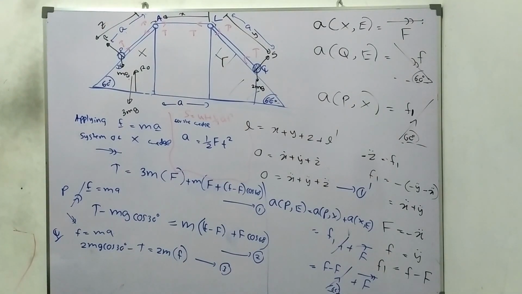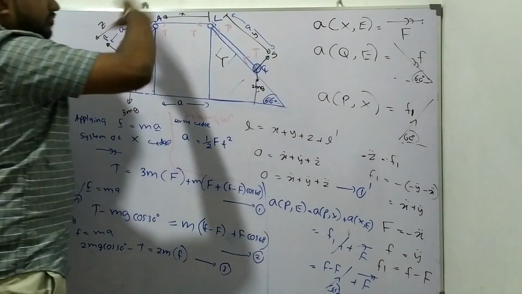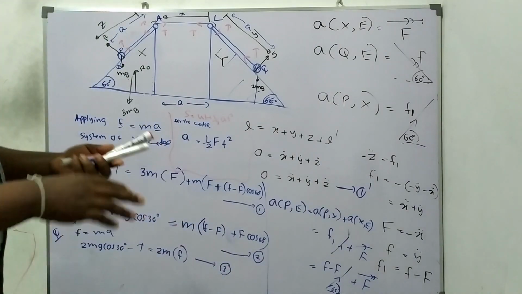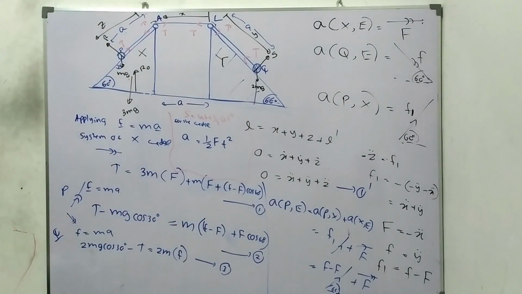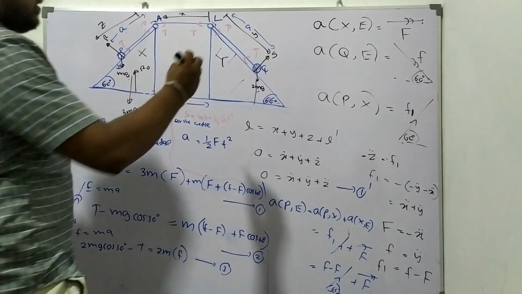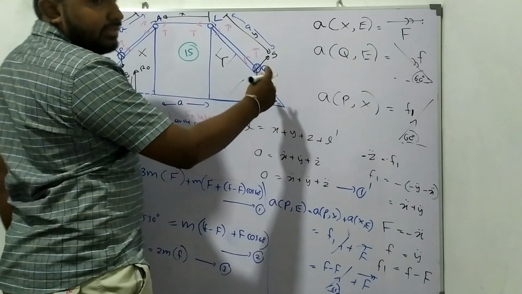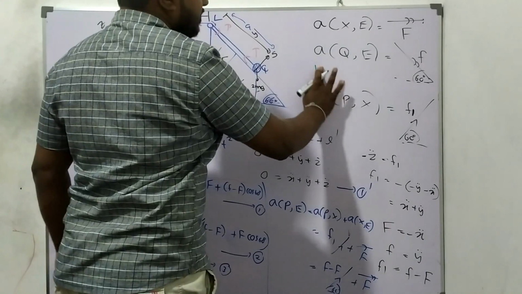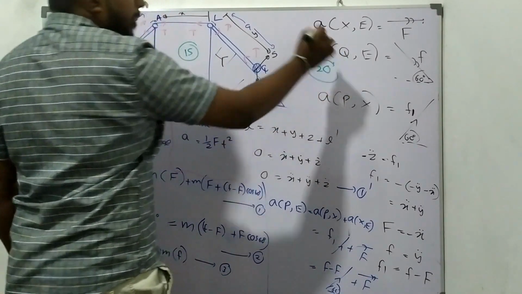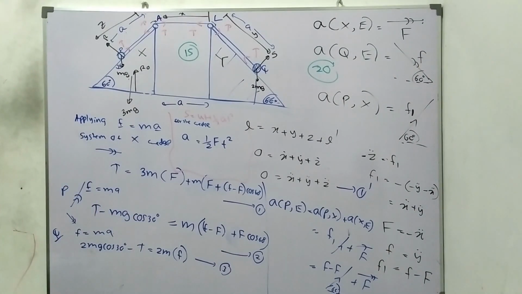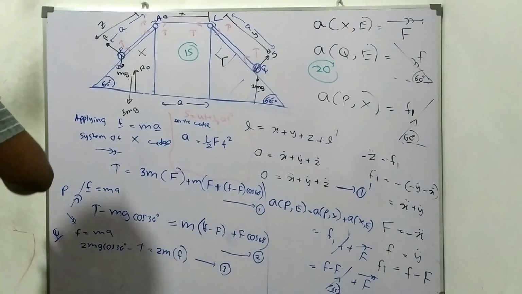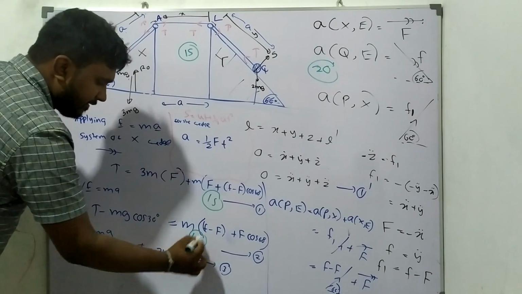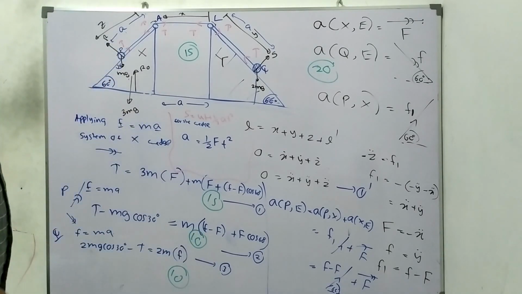Normally they gave 15 marks for the forces diagram, and for the acceleration components they provided another 20 marks, so 35 for the system forces and the acceleration components. For each F equals ma equation, the main equation they gave 15 marks, and the others they gave 10 each.